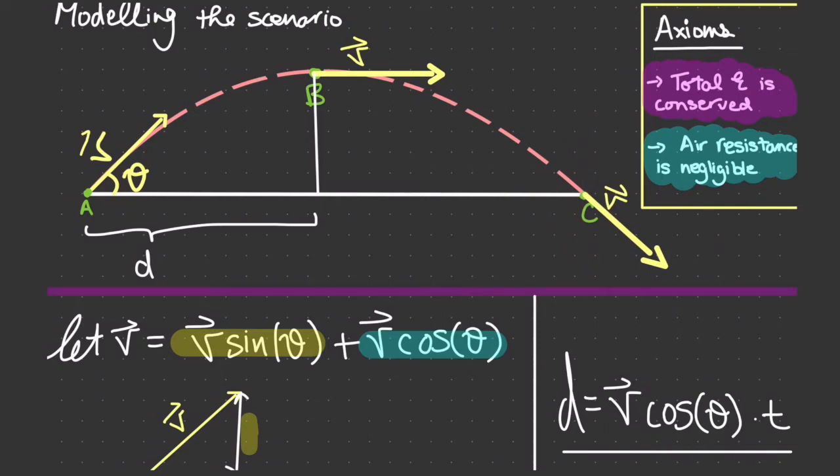So basically, you're sort of rotating it this way. Or you can think about it like this: if this is your initial, this is just going to be a reflected portion of your velocity component. And because total energy is conserved and air resistance is negligible, the size of this v, the size of this v, and the size of this v will all be equal.